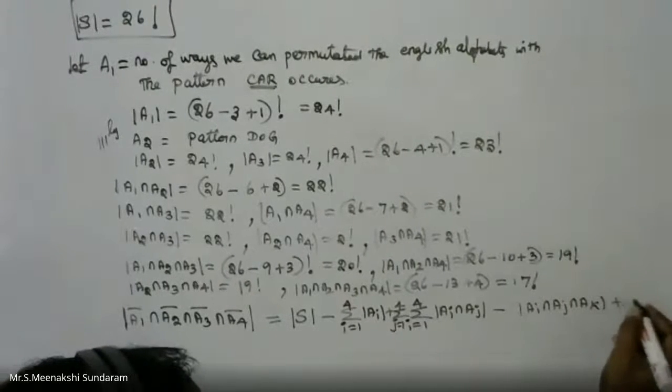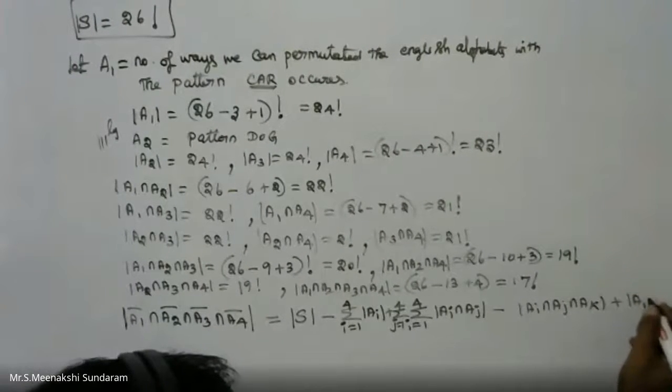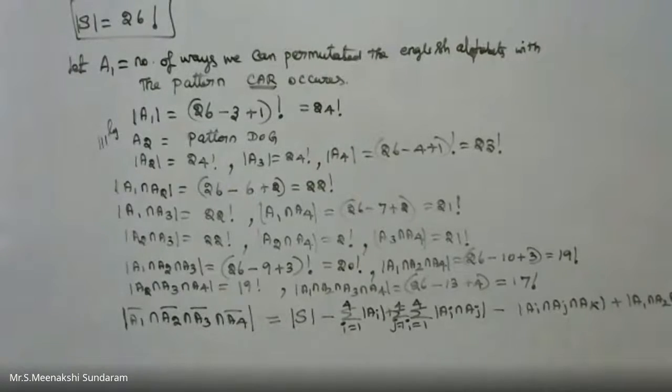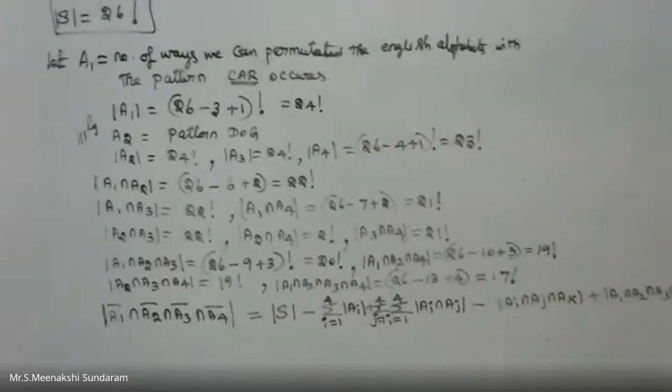And the last case is plus A1 intersection A2 intersection A3 intersection A4. That is the last case.